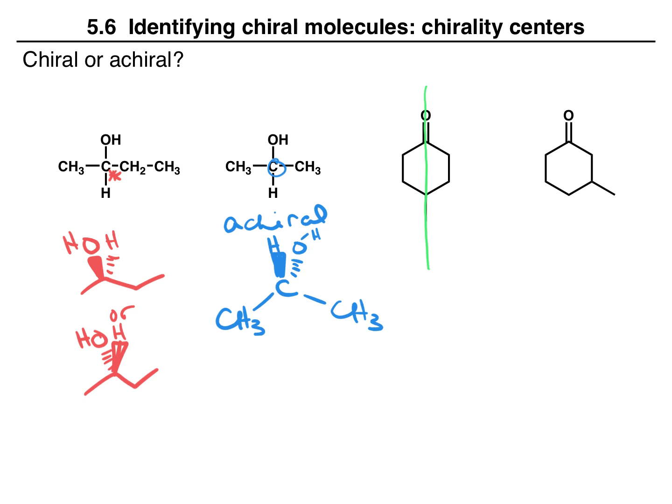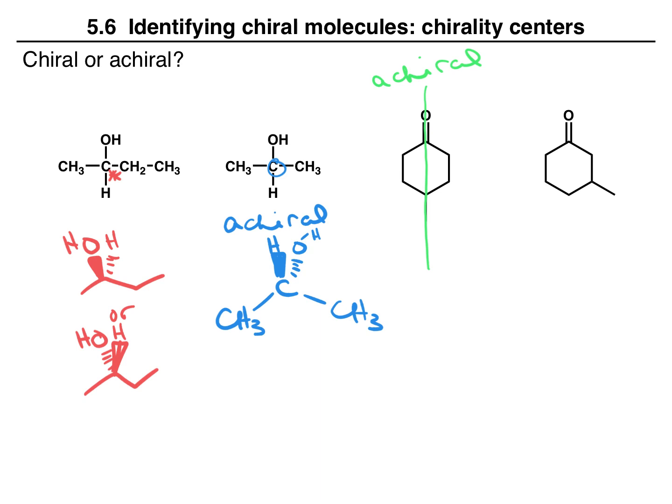There are no chirality centers in this molecule, and there is a plane of symmetry, so we know that this molecule is achiral. If we built a model and built its mirror image, we would be able to superimpose them on top of each other because it's the same thing.